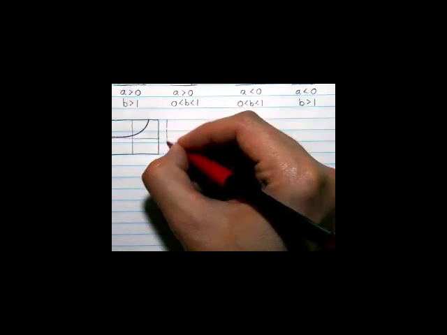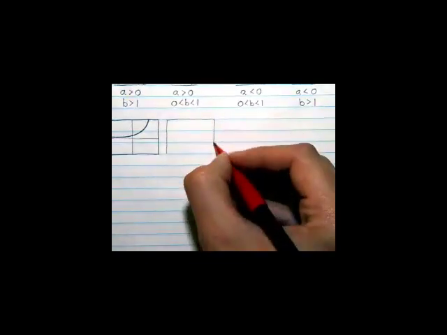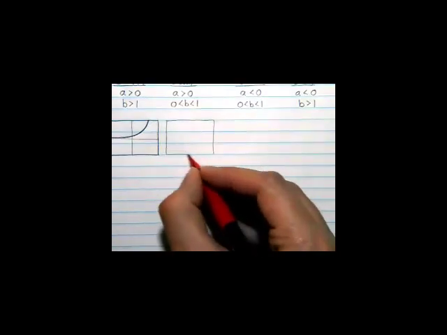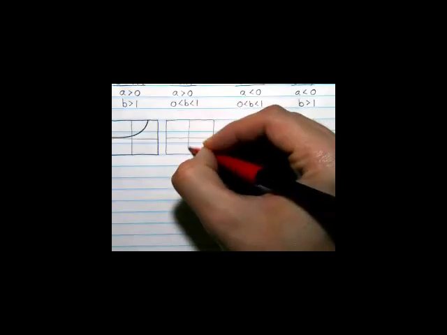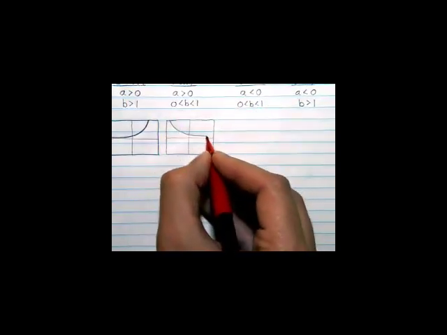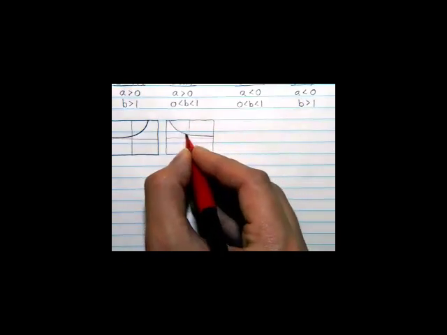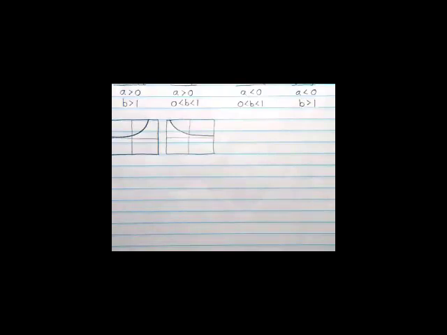If that base is between 0 and 1, but A is still positive, then it's going to do something kind of like this. Okay, so growth, decay, right?